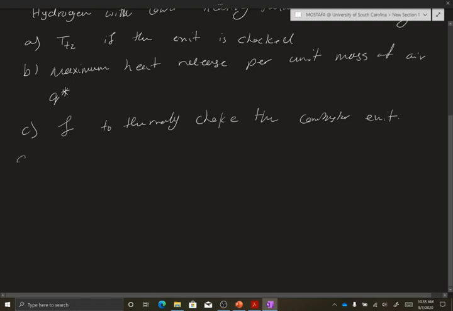And we are also asked to find the total pressure loss, so we are looking for the PT loss, the total pressure loss in the combustion chamber, in the supersonic chamber.